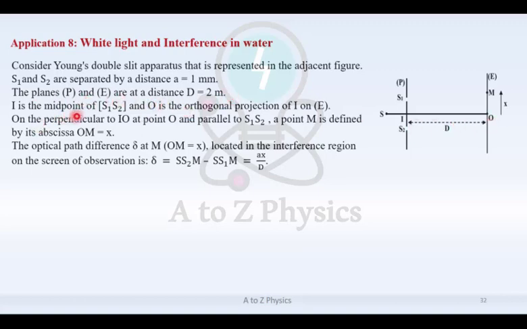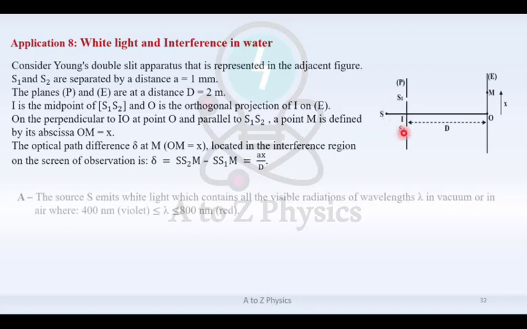I is the midpoint of S1S2, and O is the orthogonal projection of I on E. On the perpendicular to IO at point O and parallel to S1S2, a point M is defined by its abscissa OM equal to x. The optical path difference delta at M, located in the interference region on the screen of observation, is delta equal to SS2M minus SS1M equal to ax over d, since SS1 is equal to SS2.